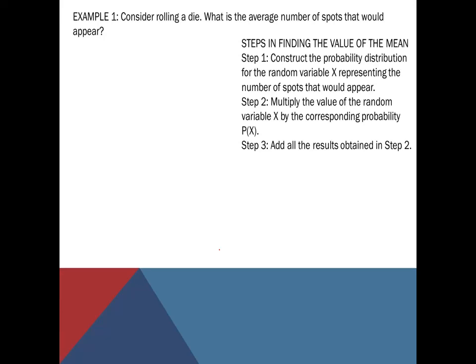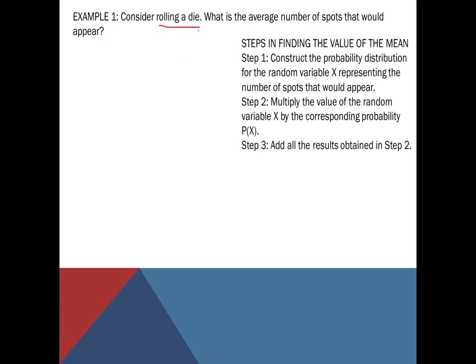So, what is the average number of spots that would appear? Okay? We have here the steps in finding the value of the mean. Step 1, we need to construct the probability distribution, meaning we make a table, for the random variable x representing the number of spots that would appear. To do that, we need to know the possible outcomes of our experiment. What is our experiment?